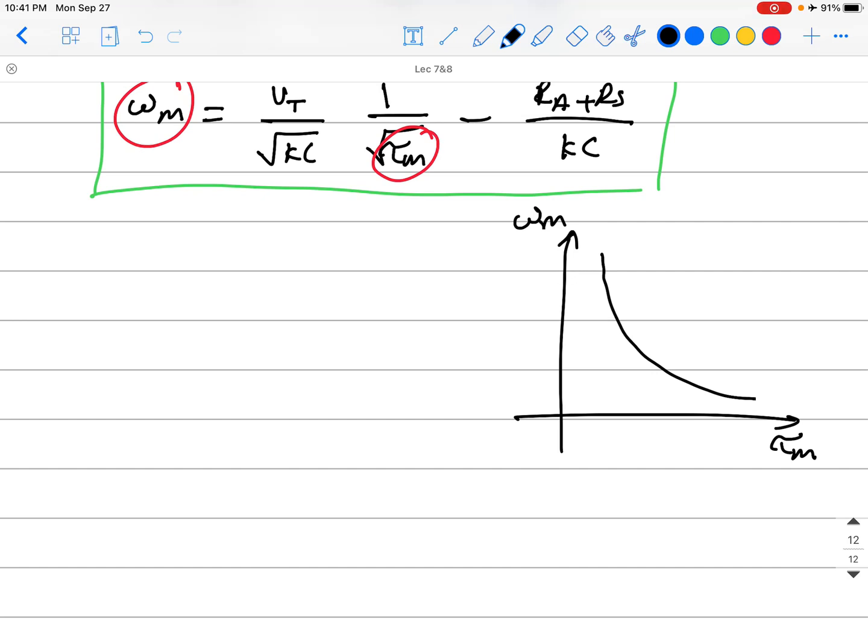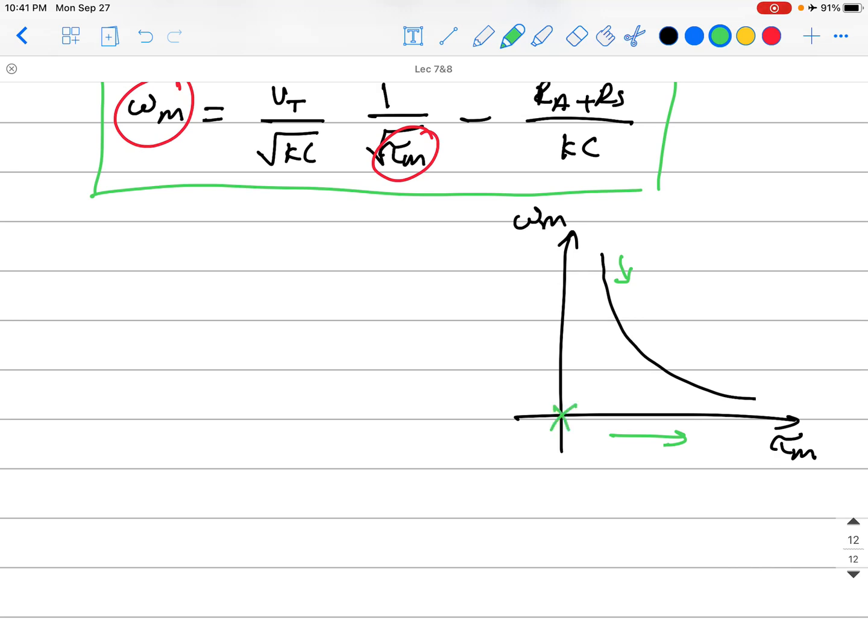And the same idea, if you increase the torque, that means increasing the load, the speed will start dropping like this. Like any other kind, like the shunt motor, but it's not the same as the characteristics for the shunt or separately excited motor.